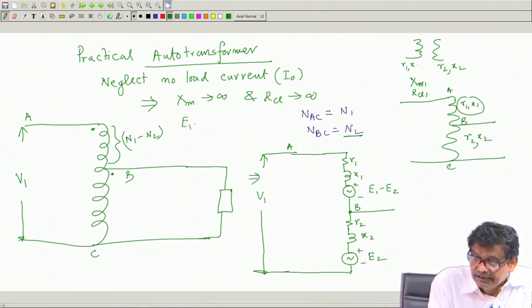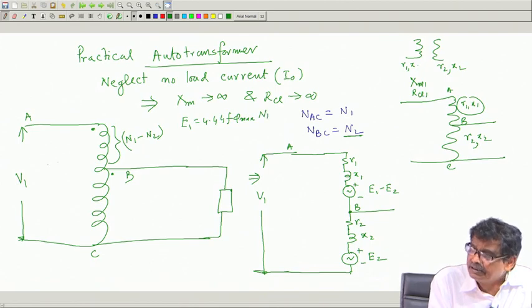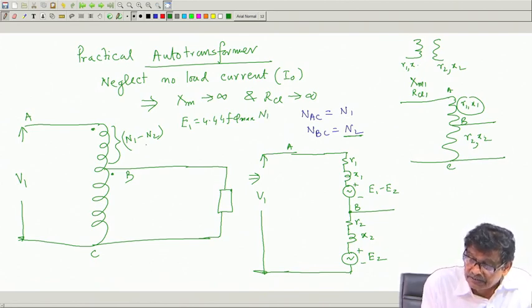E 1 is equal to 4.44 A phi max into N 1, total between these two turns.